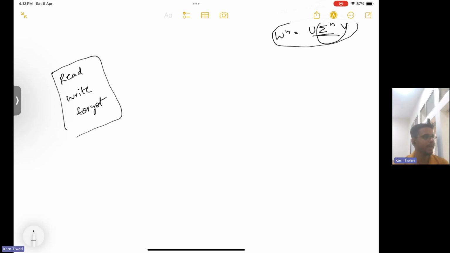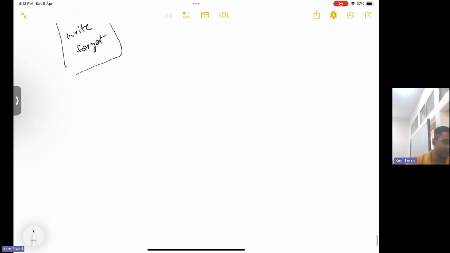The intuition about this was based on read, write, and forget. We have an intermediate representation S_i, where i denotes the time step I am at, or alternatively h_t.